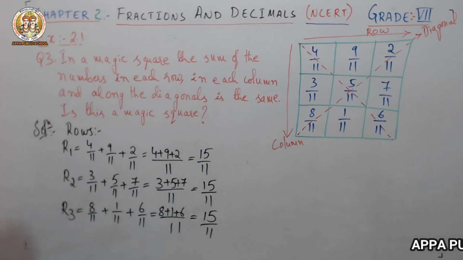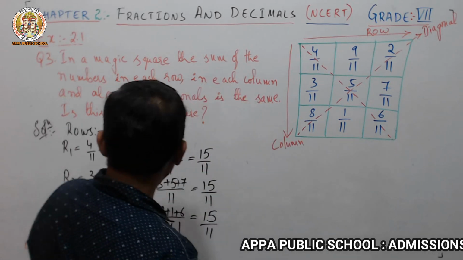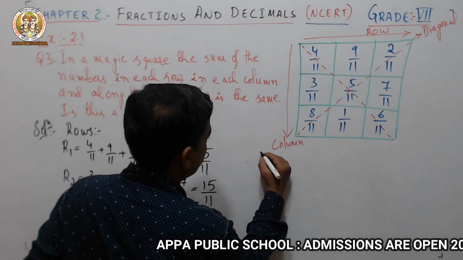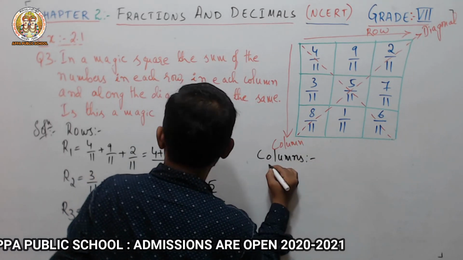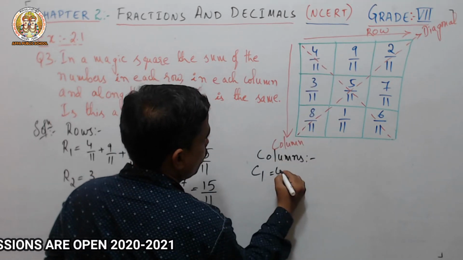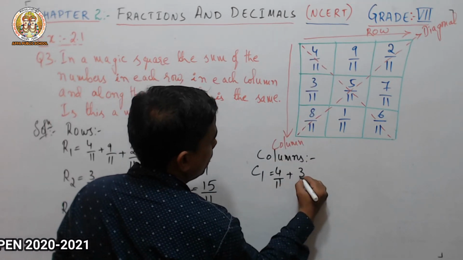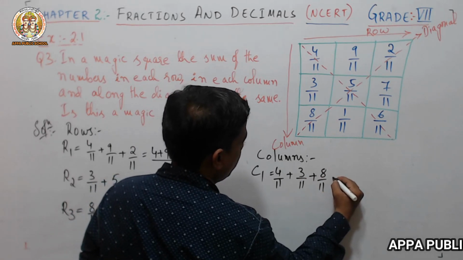Okay. Next I will calculate for columns. So here C1, the first column, is 4 by 11 plus 3 by 11 plus 8 by 11. If you add, how much are you going to get?